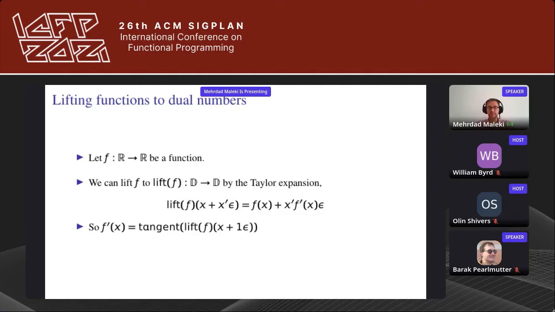And if we extract the tangent part of this lifted version of f with x prime equal to 1, we extract the derivative of f at point x.